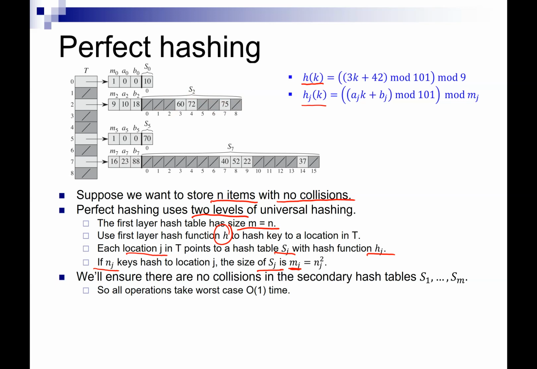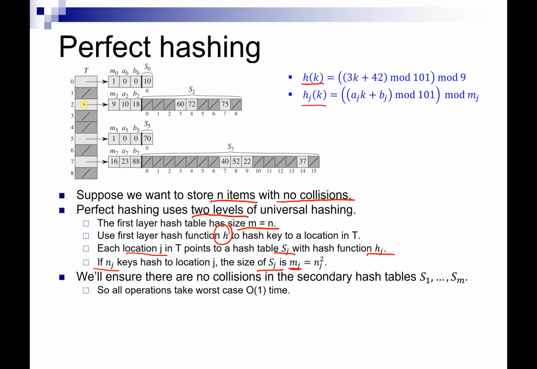All of these hash functions come from a universal hash family. In this example here, there's only a single value that hashed to location 0. So you're going to set the size of this table to be just 1 squared, and the hash function, let's say that you happen to use 0 and 0 for this h function over here.